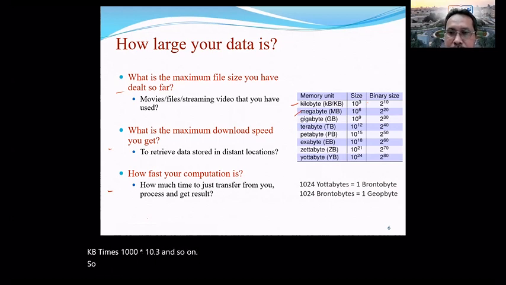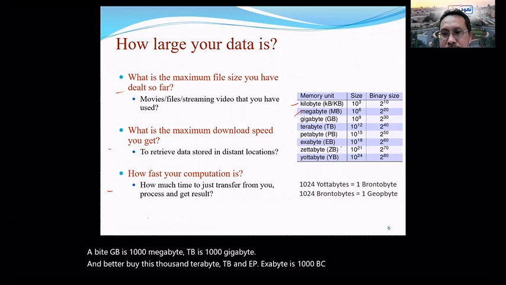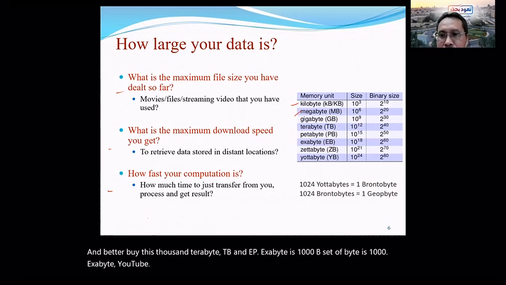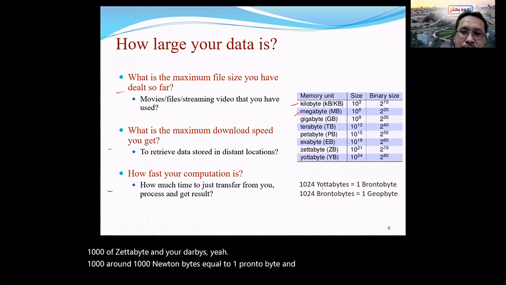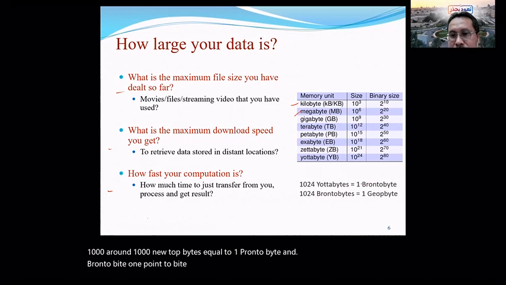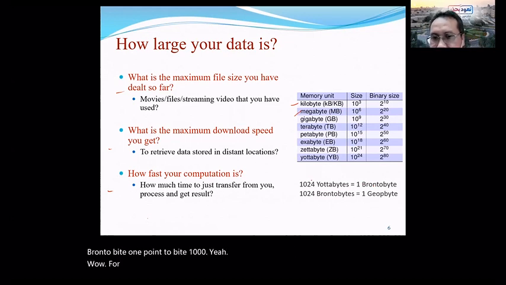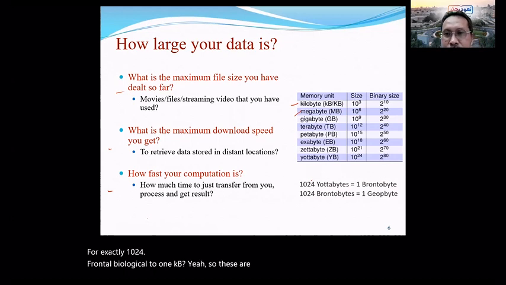A gigabyte is 1000 megabytes, a terabyte is 1000 gigabytes, a petabyte is 1000 terabytes, an exabyte is 1000 PB, a zettabyte is 1000 exabytes, a yottabyte is 1000 zettabytes, and around 1000 yottabytes equal 1 prontobyte. So these are the memory units, or the maximum file size units.